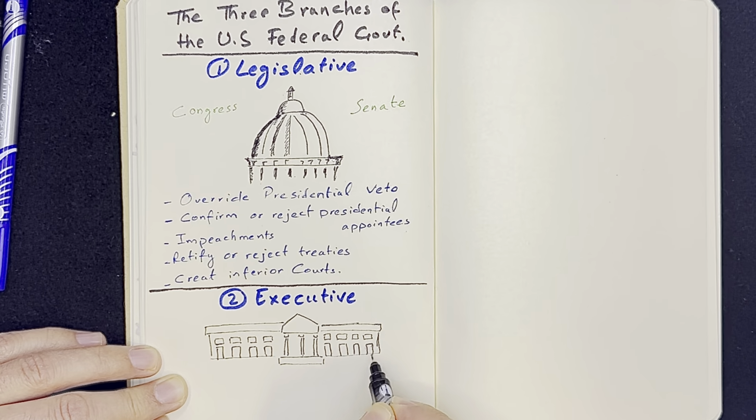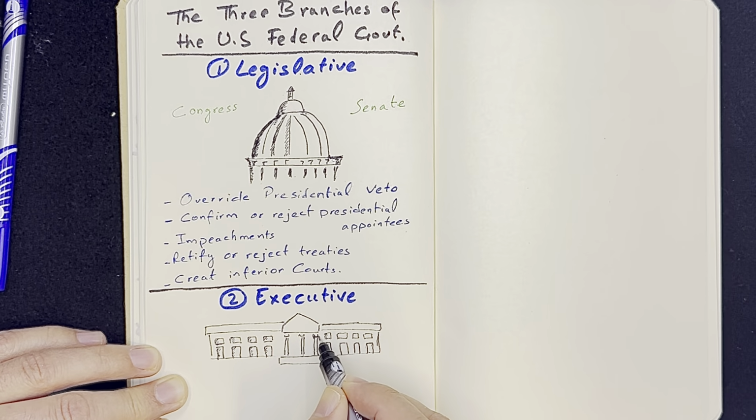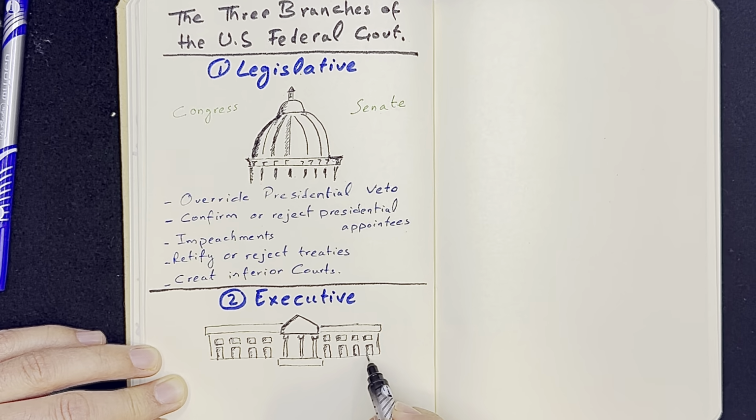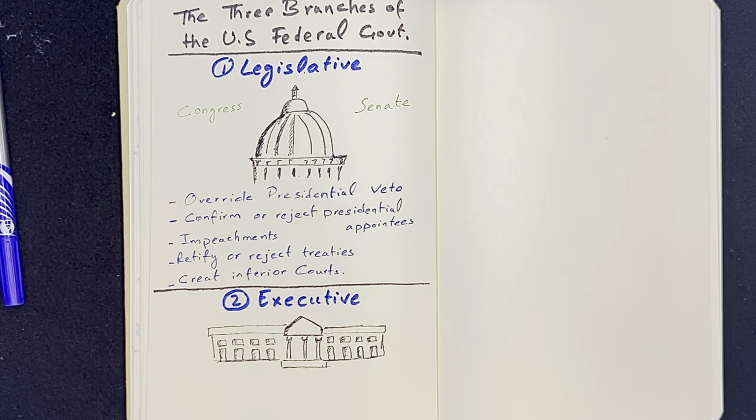Yet, even the most powerful leader of the country is bound by the Constitution. So the Constitution has particular responsibilities for the President of the United States as the head of the executive branch.